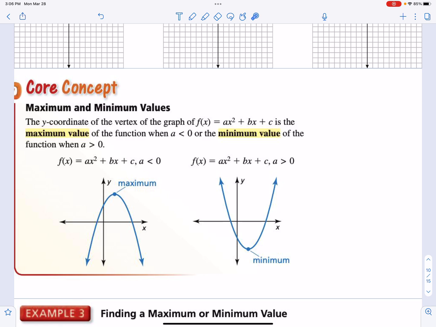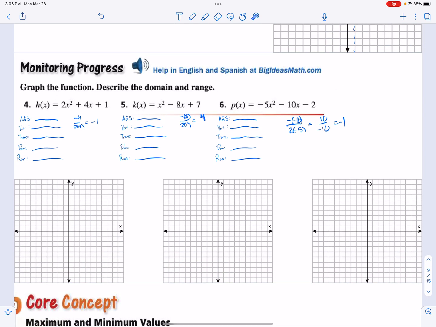The way you find it is exactly like what we do up here. So for instance, if I want to find the minimum or maximum, first of all, I look here. It's a min because my function opens up. I find my x value and I plug it in. So 2 times negative 1 squared plus 4 times negative 1 plus 1. 2 minus 4 plus 1, and I get negative 1.